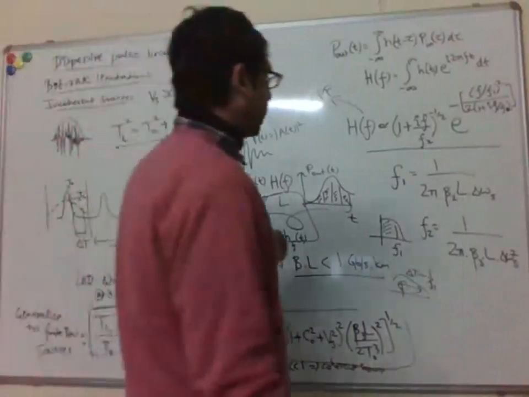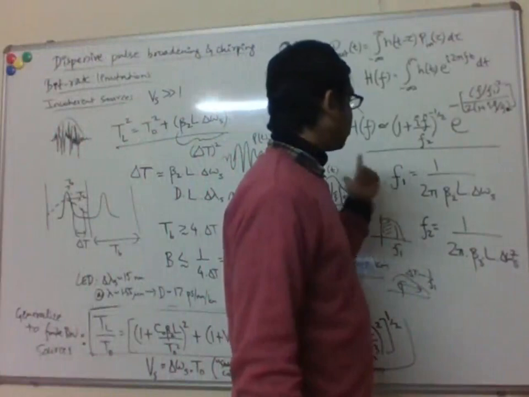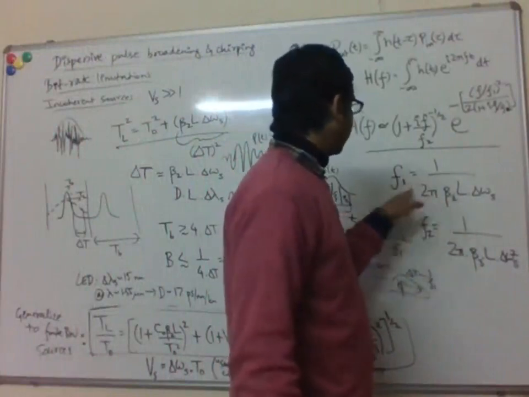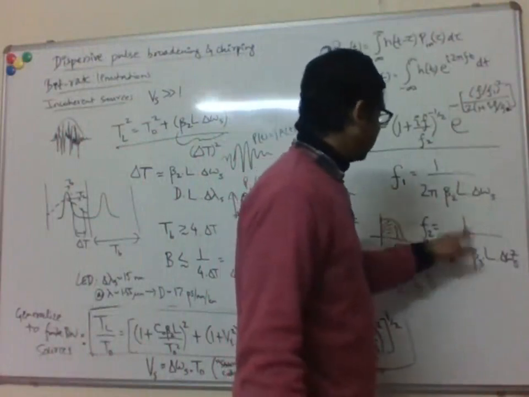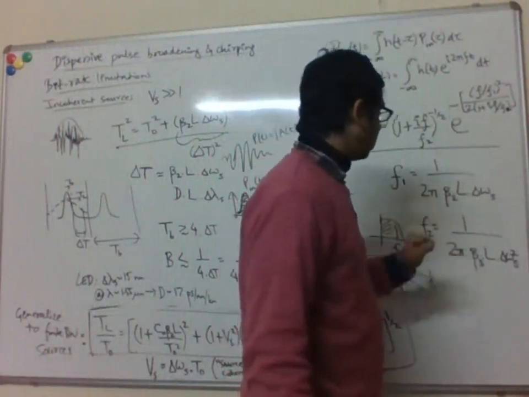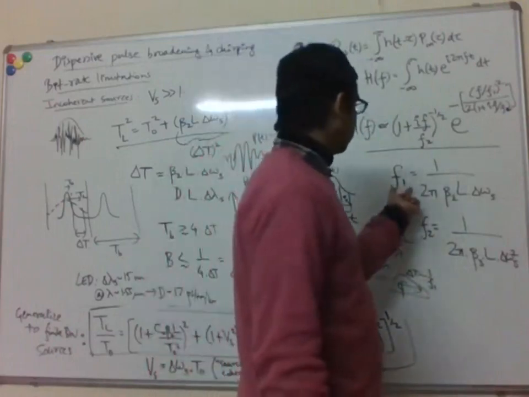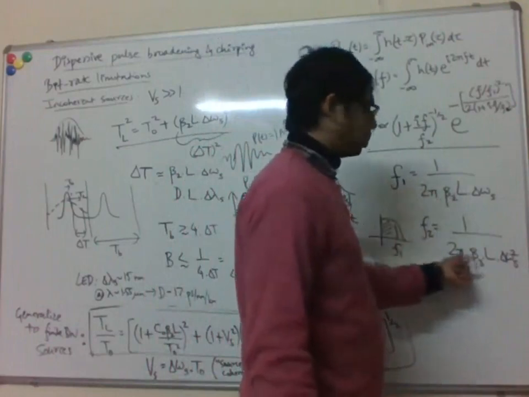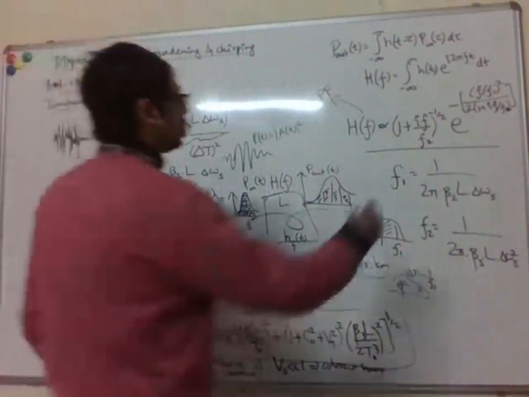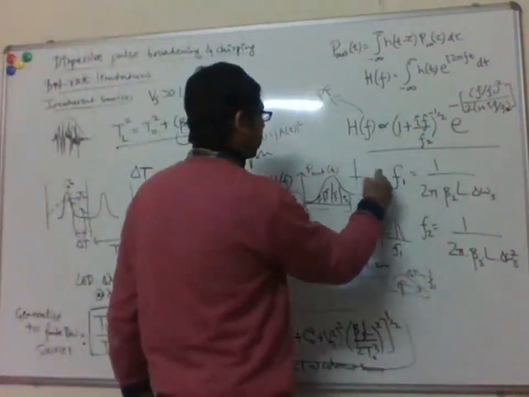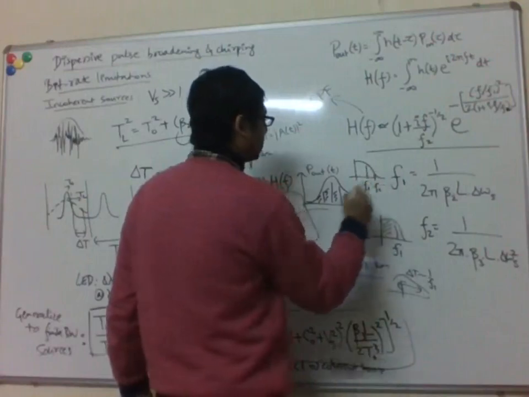So depending on the fiber we're using and the wavelength we are operating at, F1 and F2 can vary. For example, if you're operating near the zero dispersion point, then F1 is really large, since beta 2 is close to 0, and F2 will be finite, depending on beta 3. Or if you're operating away from the zero dispersion point, then typically F1 will be small compared to F2. So you have two frequencies here, and the effective cutoff frequency of this low pass filter will depend on where F1 and F2 are.